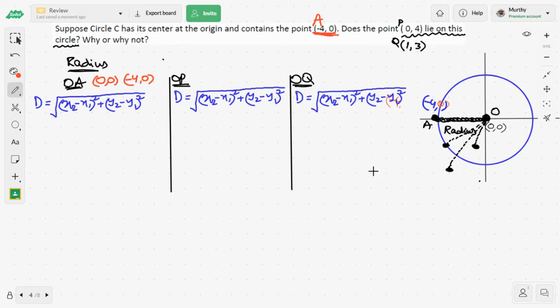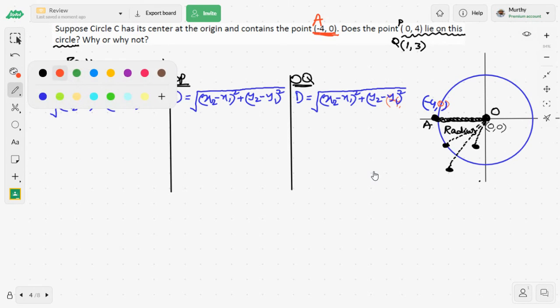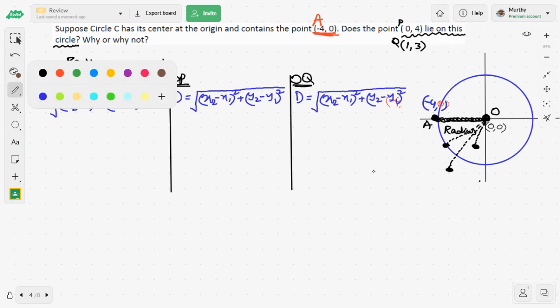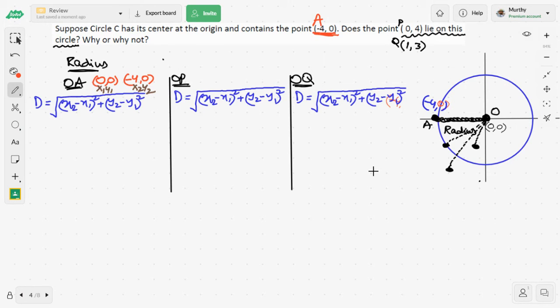I'm giving you the clues also here. You may name them as x1, y1, the first point, and x2, y2, the second point. When I take OP, again, O is the origin (0, 0), and P is (0, 4).